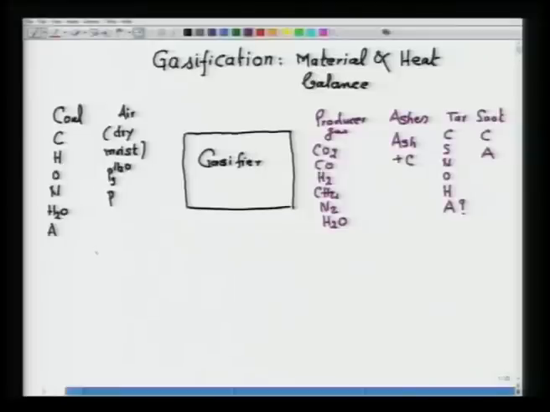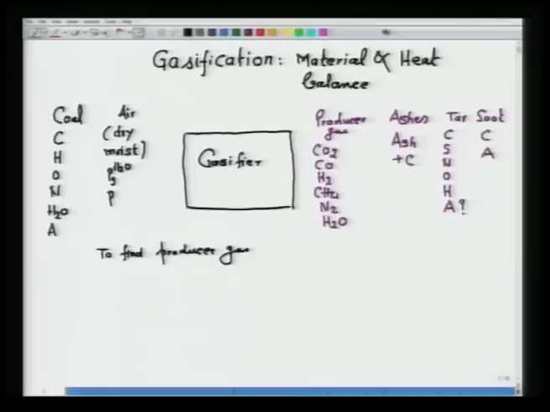So, to find out the producer gas produced, there are various terms here, you may call it producer gas, you may call it fuel gas also. All that it means simply is a mixture of CO plus hydrogen. So, if you want to find out the amount of producer gas, then simple, one has to do a carbon balance.